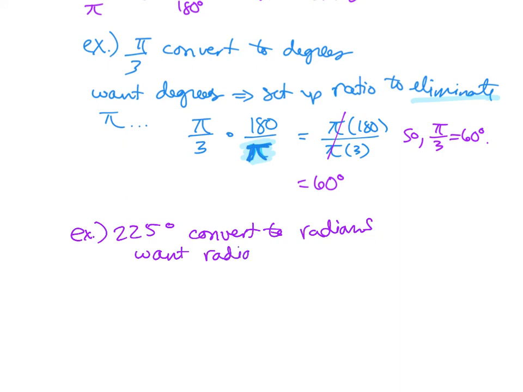It's good to say what you want in math, because otherwise things get complicated. So I have 225 degrees times, I want to cancel this out, right? So I'm going to use blue again. So eliminate. That means pi goes up here. So we're going to leave pi.